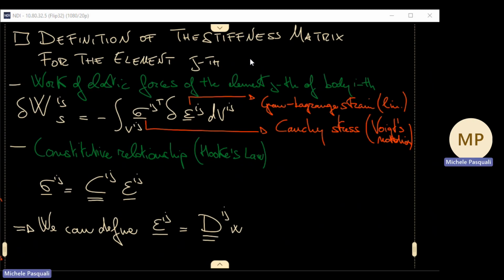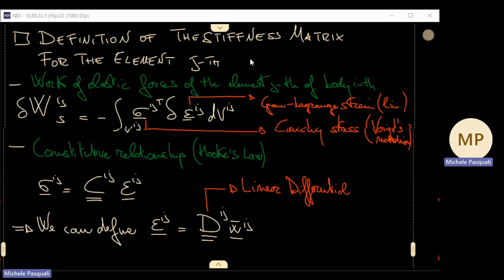I will write it down in any case. So this is a linear differential operator.